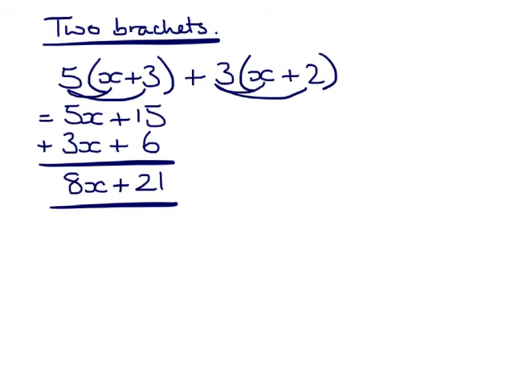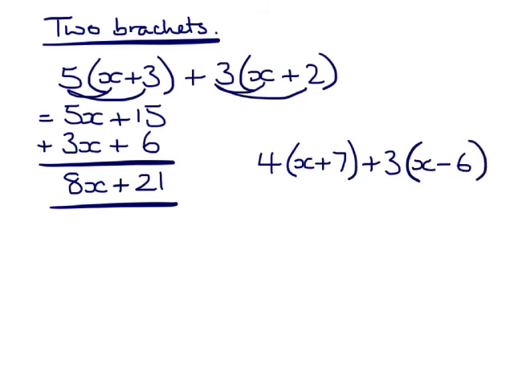The only time to be careful here, folks, is when you have something like this: 4 brackets x plus 7 plus 3 brackets x minus 6. Now notice you've got a negative sign here. It won't change the way you do it, but just be careful when you're collecting the terms at the end.